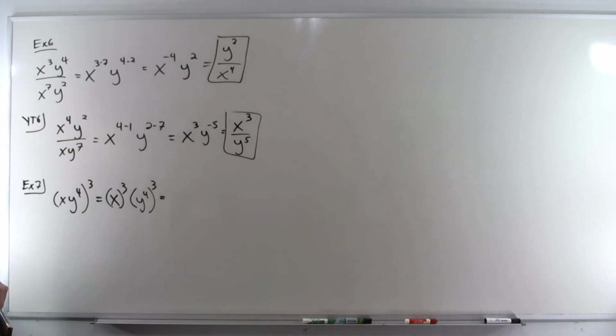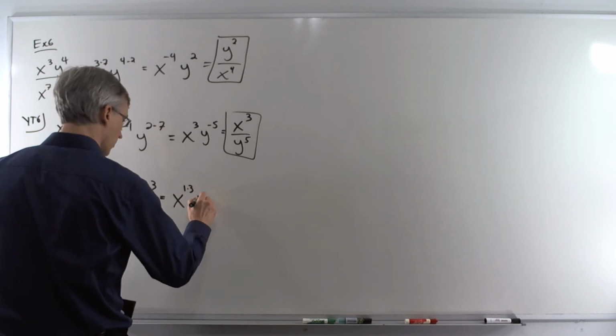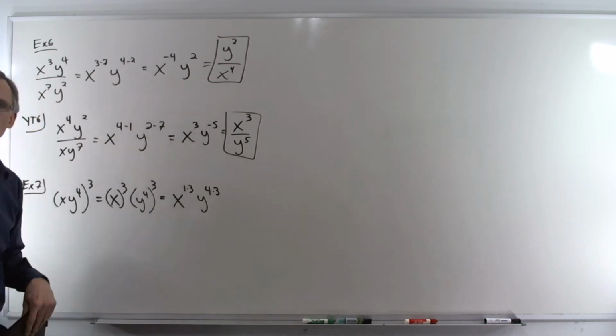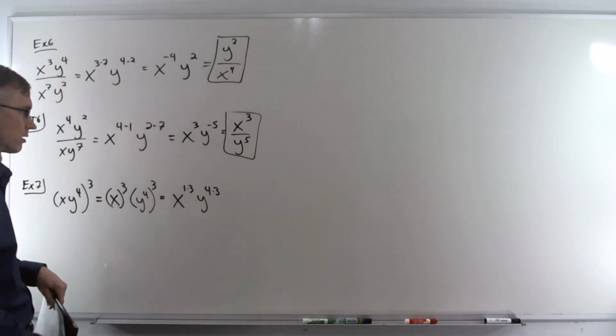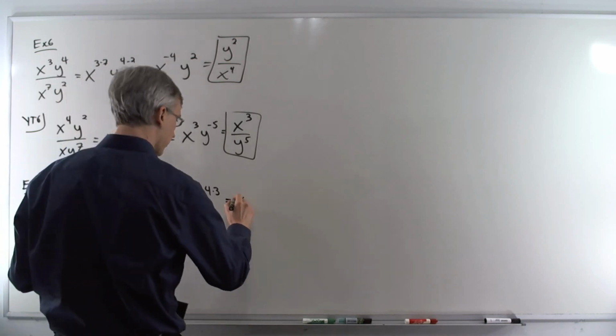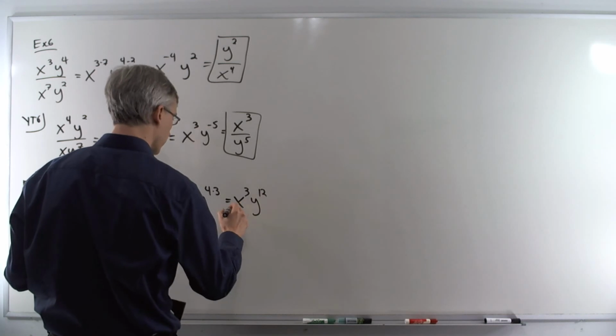So we have x to the 3rd, y to the 4th to the 3rd. Applying power to a power, we'll multiply those out, we get x to the 3rd and y to the 12th.